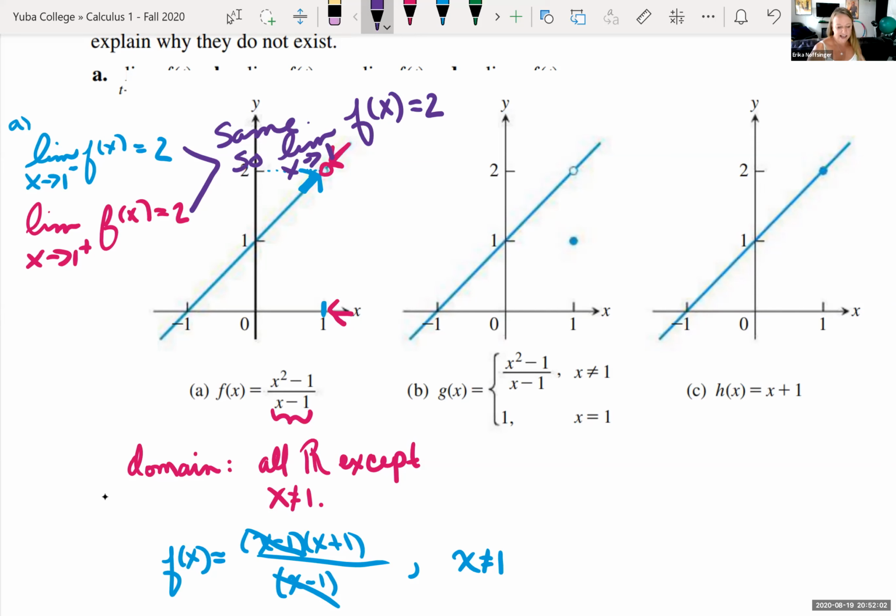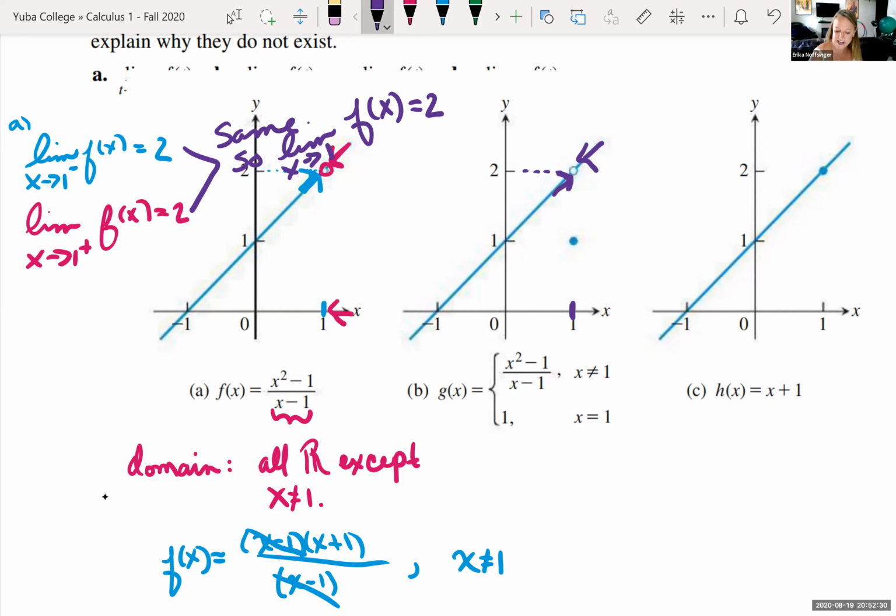All three of these cases, and I know I'm running out of time, so let me just really quickly say it. All three of these examples almost look identical with a graph. And if we look at x equals 1 on each one of these cases, when we're coming in on the left and the right, we're getting the same y value, even though it doesn't exist here, we're getting 2.